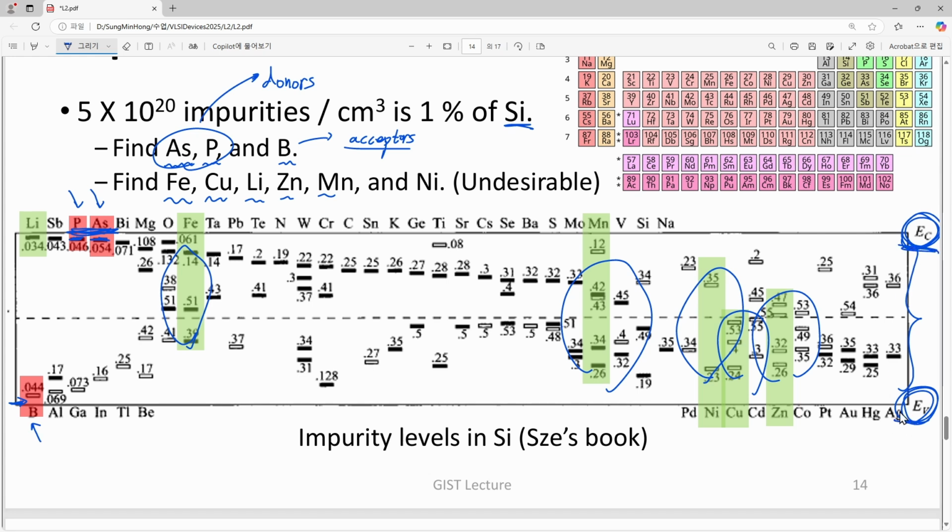It means that they do not have a sufficiently high probability to contribute electrons or capture electrons from the conduction band or valence band. So in an engineering sense, this is not a good way to modulate the electrical conductance, so they are not preferred.